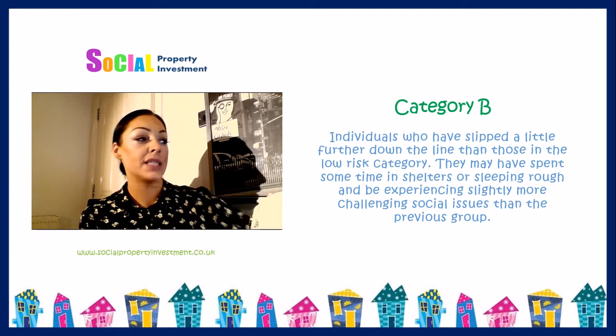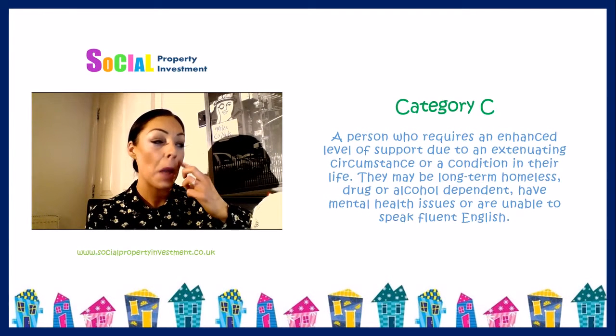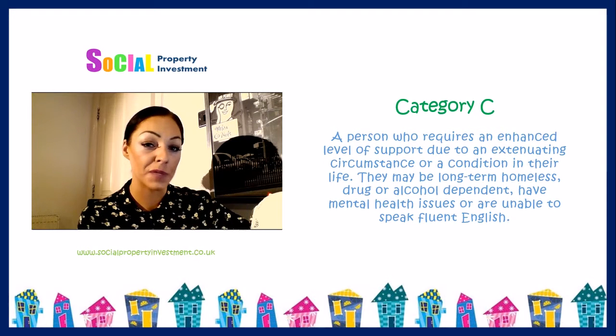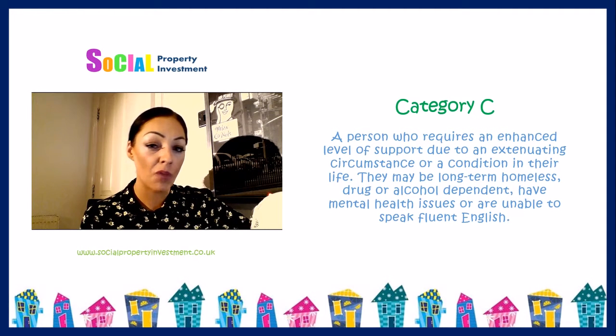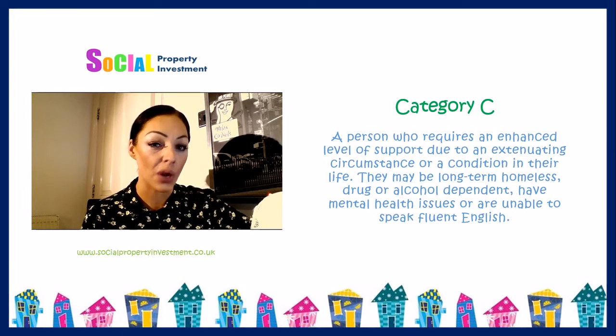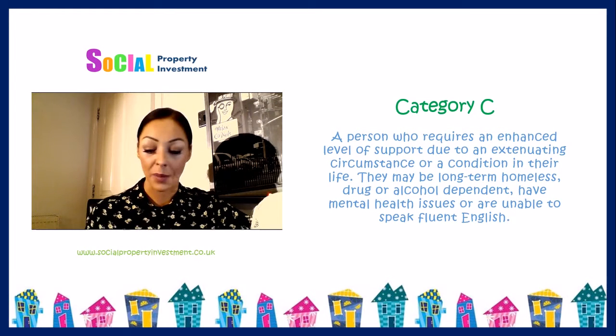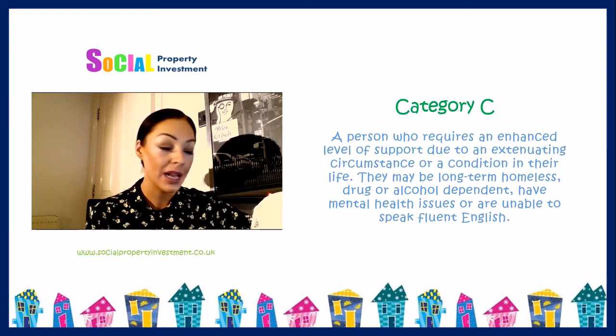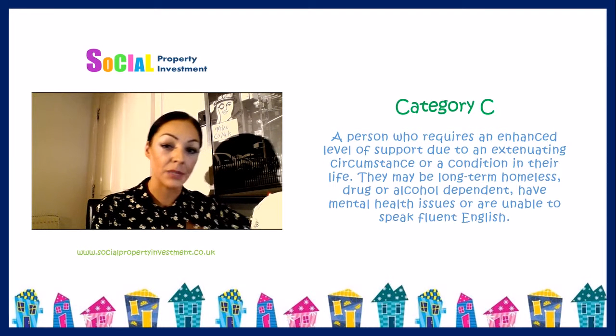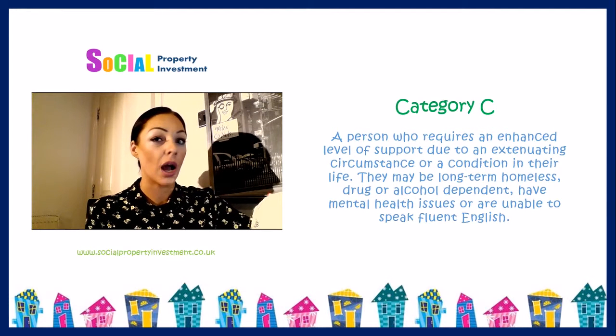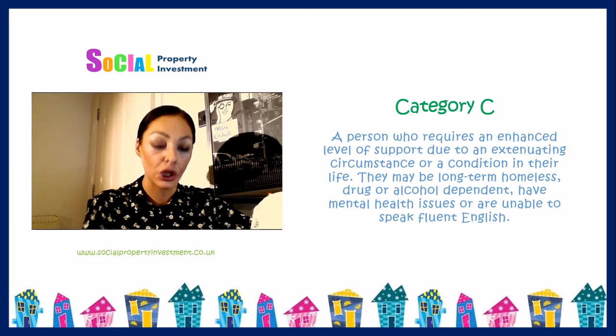A category C is a person who is perhaps a chronic rough sleeper. They've been sleeping rough for an extended period of time and they need an enhanced level of support. So not just a little bit of support, guidance and signposting. A category C person might need some real close-knit support around them.